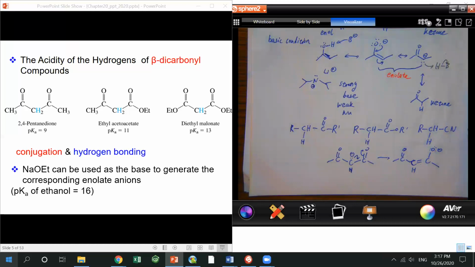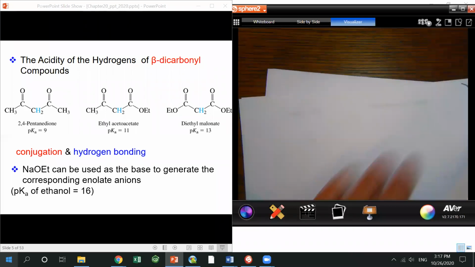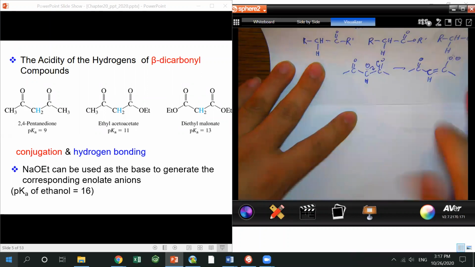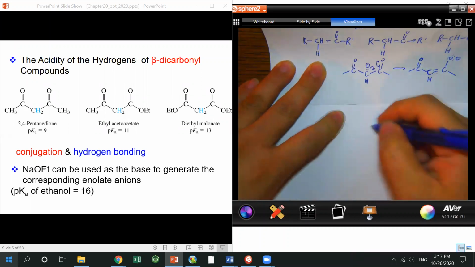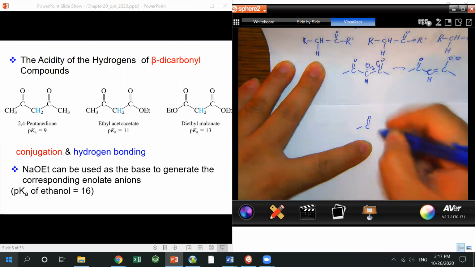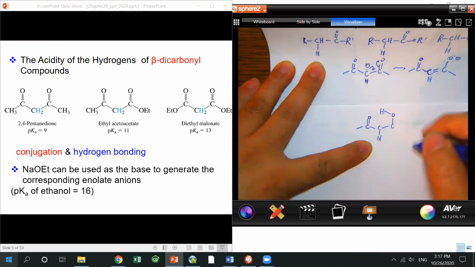The same thing applies for the enol. The enol form is something like this. It can form a six-membered ring, and the hydrogen bonding helps to stabilize it.